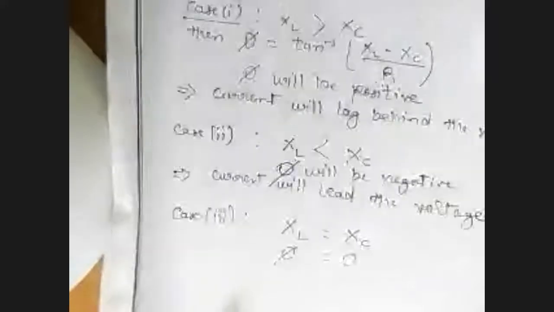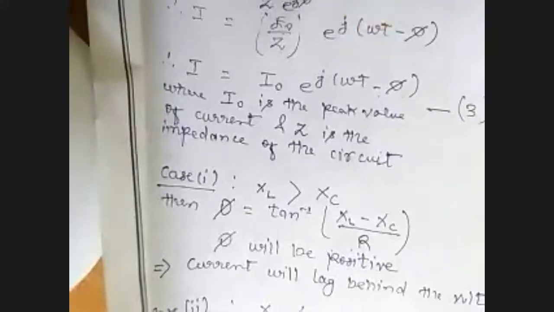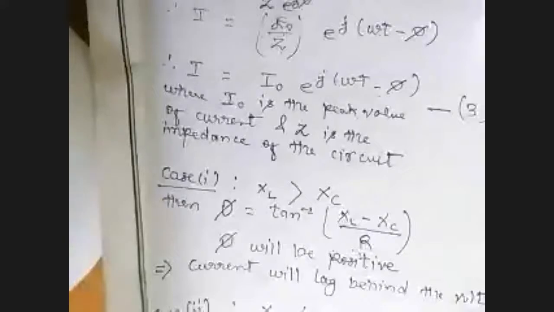Means phi will be equal to 0. What does it mean? Whenever phi will be equal to 0, in this equation, what you are going to get? I equal to I0 e to the power j omega t. Means there will be no phase difference between current and voltage in this circuit. So the circuit will behave like a pure resistive circuit, isn't it? Current and voltage will maintain the same phase.